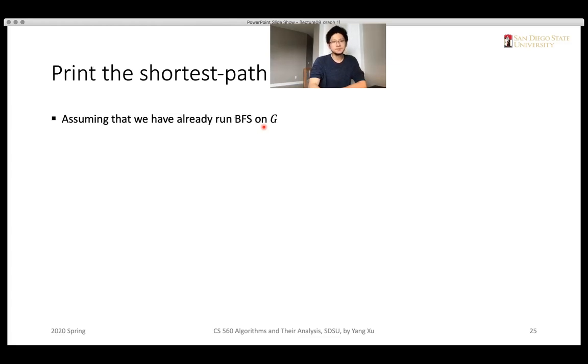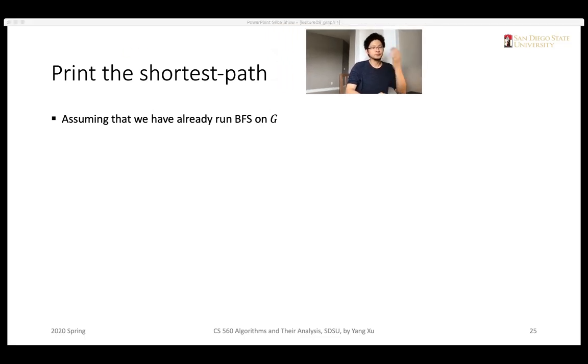So now, using the parent relationship that we assigned to each node when we do the BFS search, we can use this information to print the shortest path given any vertex within the graph.